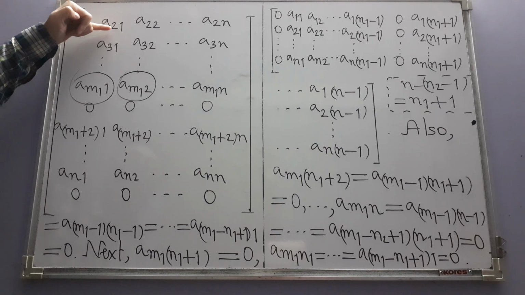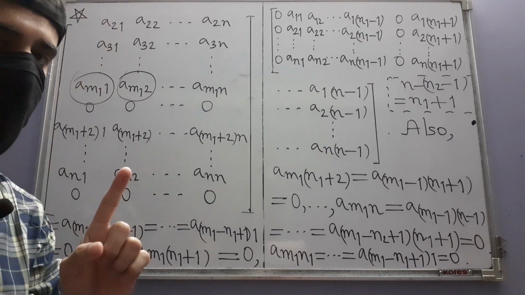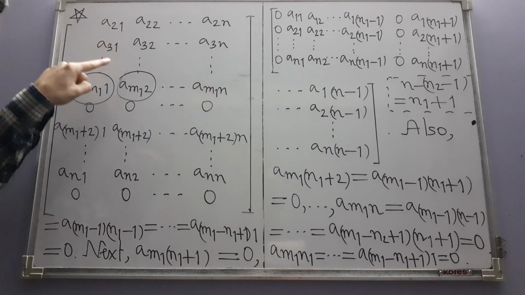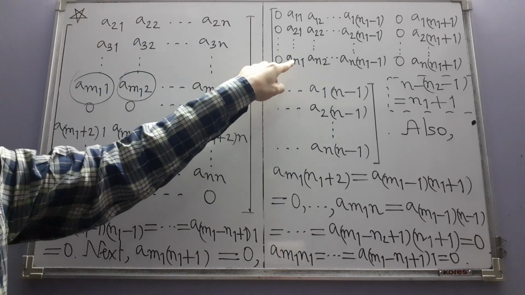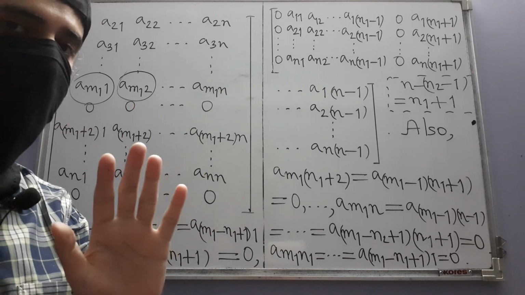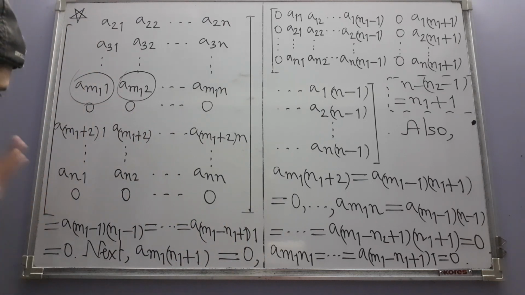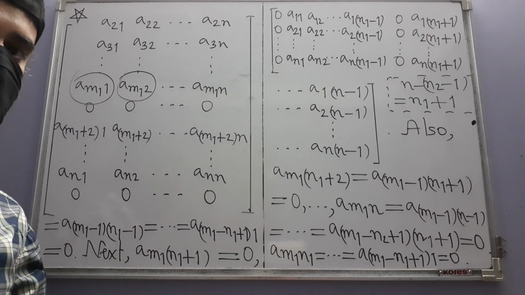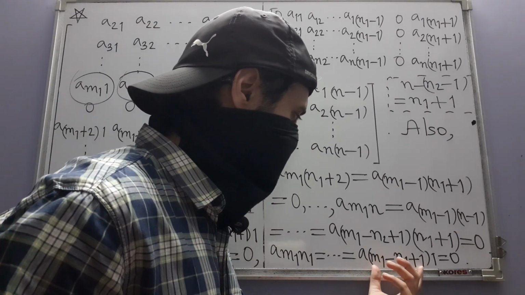Note that the row index starts from 2, not 1. From the fact that this first column is entirely 0, we do not get that a11 is equal to 0, because a11 is not present here. Are we getting that thing here?